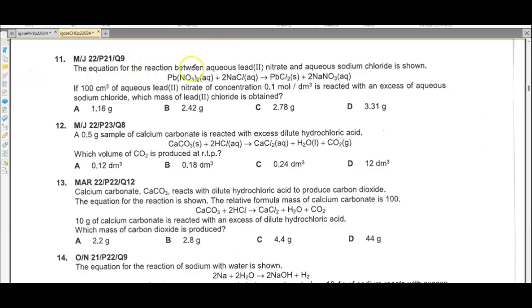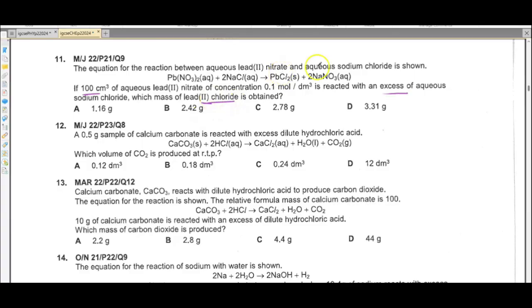The equation for the reaction between aqueous lead nitrate and aqueous sodium chloride is shown. Okay, if 100 centimeter cube of aqueous lead nitrate of concentration 0.1 mole per decimeter cube is reacted with excess of aqueous sodium chloride, which mass of lead 2 chloride is obtained?